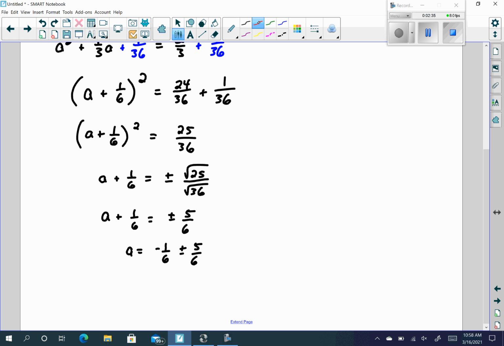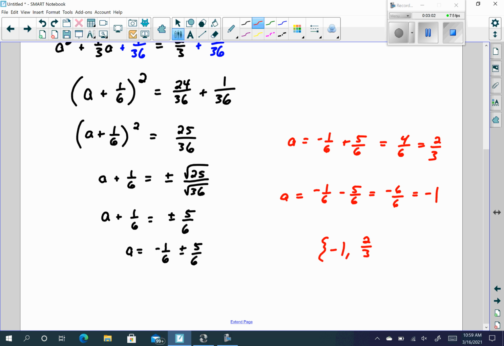So now at this point I want to separate these because there's no more square roots, so I can continue to simplify. So first a is going to equal negative 1/6 plus 5/6, which gives us 4/6 or 2/3. The other one, a is going to equal negative 1/6 minus 5/6, which gives us negative 6/6 or negative 1. So our two answers, negative 1 and then 2/3.